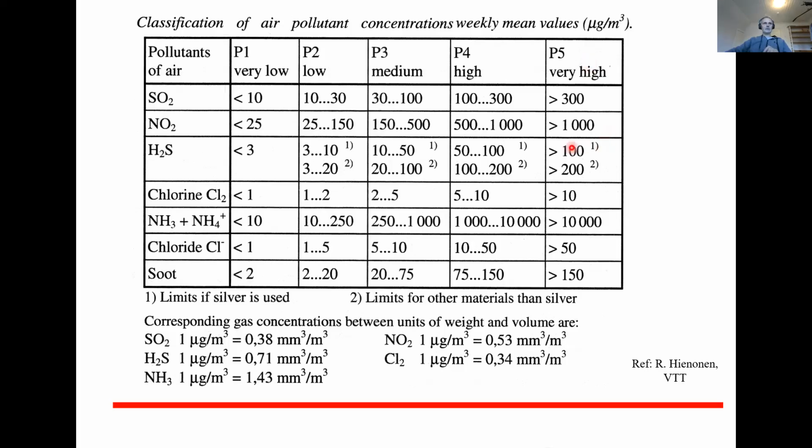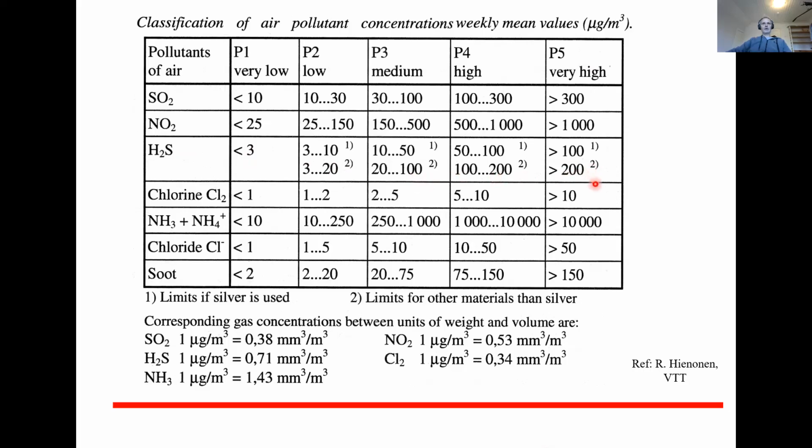Please pay attention to this one. For hydrogen sulfide, we have 2 different values. And this is based on if you have silver in your product, then you use these lower values. If you don't have silver, you can use these higher values. And why is that? It's because we all know that silver is extremely reactive against hydrogen sulfide.